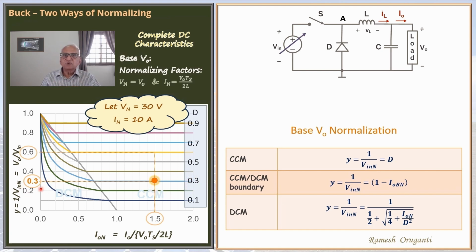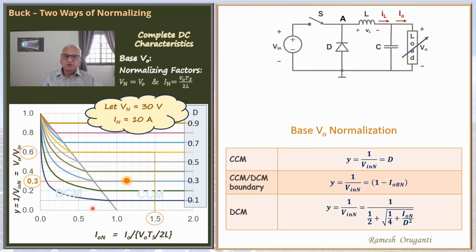Now keeping the input voltage constant, let's reduce the output current or the load current. As we reduce the load current, the operating point will shift to the left towards the CCM-DCM boundary. At some current, it's going to hit the boundary, it's going to operate under boundary condition. Let's show that.